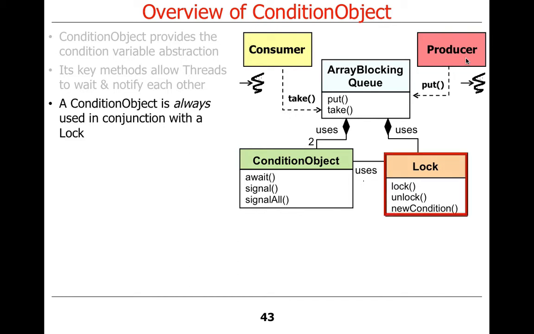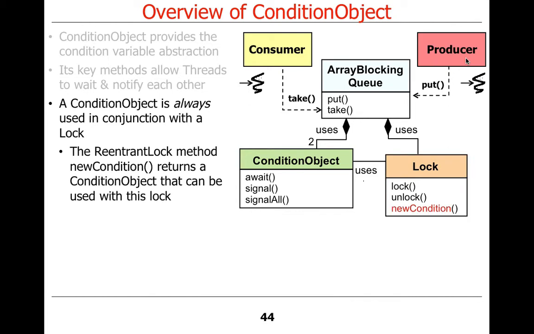So we have a lock that goes along with our condition objects. And fortunately, there's a method on lock called newCondition. NewCondition is a factory method that returns to the caller a condition object that is associated with that lock. And under the hood, of course, it's a condition object. It's returned as a condition using the condition interface. So you get back a condition.